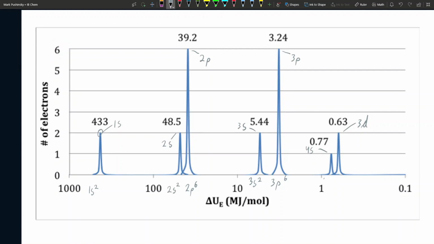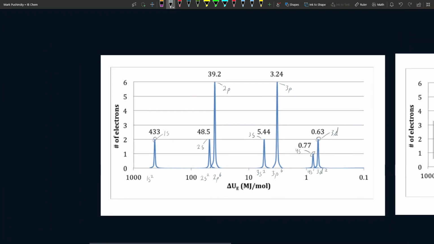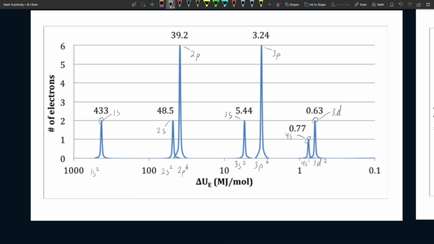And 4s, see how it's about half of the first peak. That means there's only 1 electron, so 4s1. And 3d2, because there are 2 electrons there.